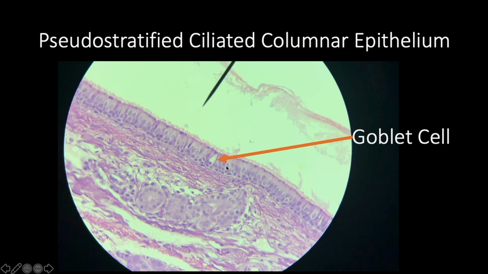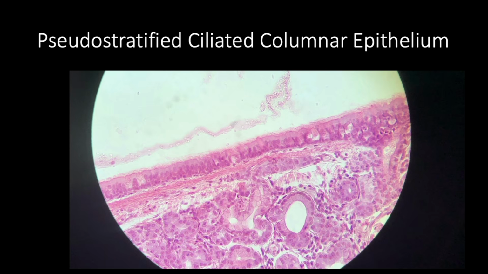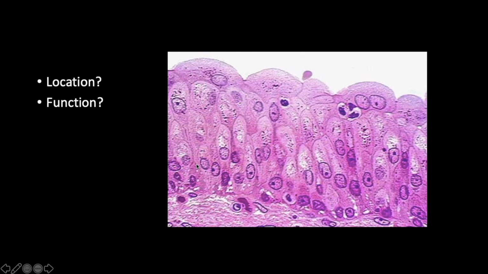So how can I tell this from, say, simple columnar? Well, the nuclei are on top of each other. And you also have really long cilia. That's pseudostratified ciliated columnar epithelium. Here's another example, another slide. Pseudostratified. All right.